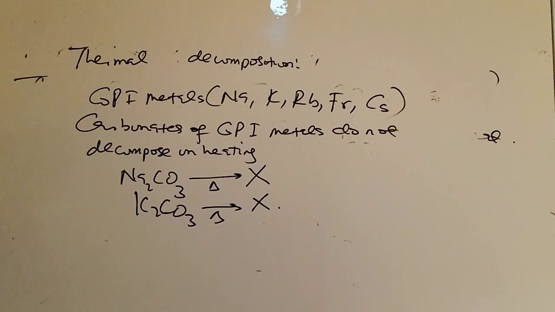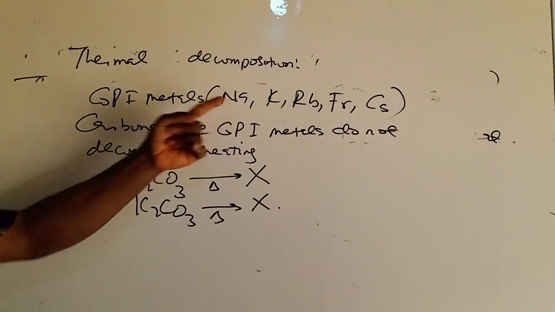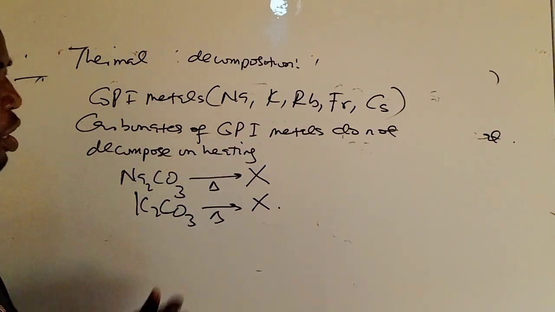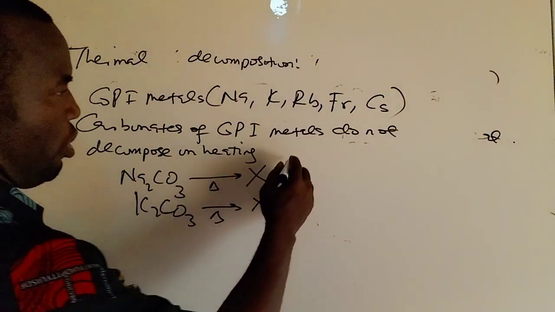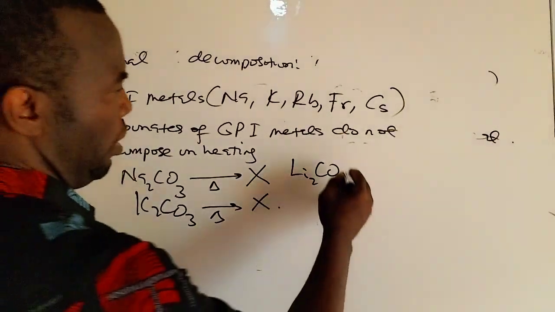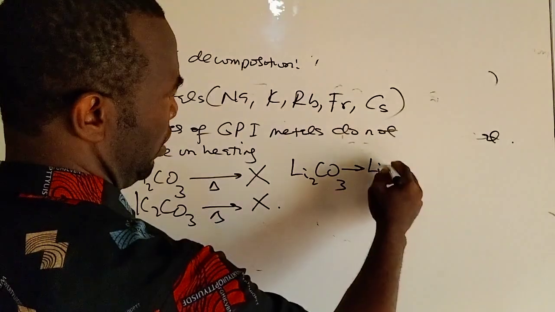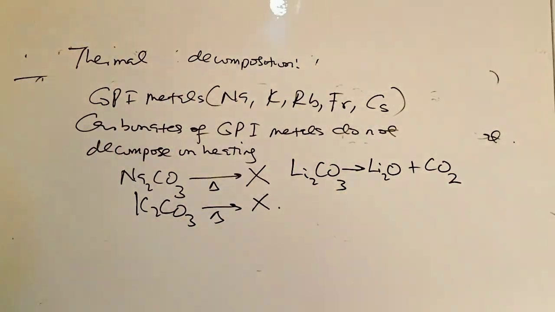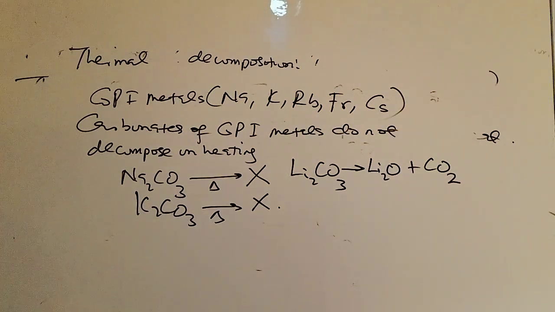Okay. There's one group 1 metal I did not mention here, which is lithium. It's not listed here. Lithium is an exception to this rule. Among the group 1 carbonates, lithium carbonate decomposes. Why? Because lithium, even though it's in group 1, has a diagonal relationship with magnesium, which is in group 2. In the periodic table, among the first 20 elements, the elements that have a diagonal relationship have similar properties.